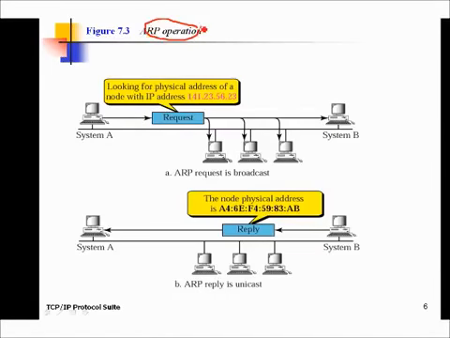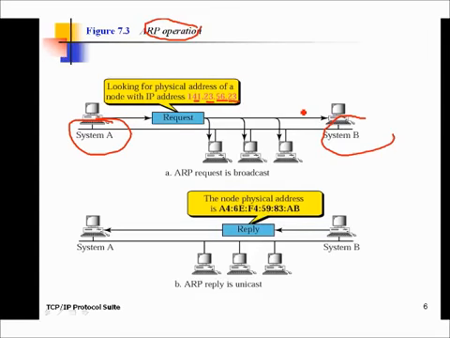ARP operation. In this figure, the system on the left, system A, has a packet that needs to be delivered to another system, system B, with IP address 141.23.56.23.